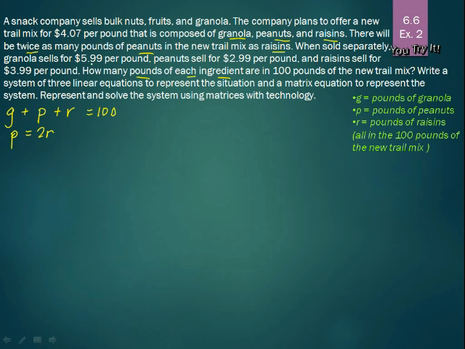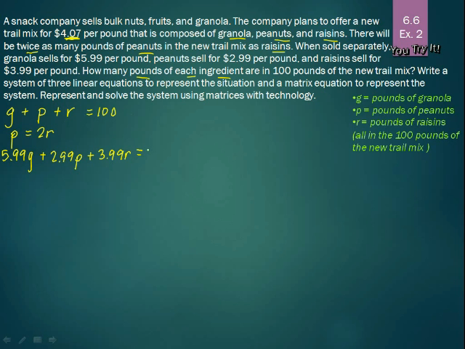And let's also look at how we could use this price for a third equation. We know the price per pound of each ingredient, and we know the total price once it's combined. So if it was $5.99 for every pound of granola, multiplying by each pound, and then $2.99 per the pounds of peanuts, and then $3.99 per the pounds of raisins, how does that relate to what it should be as a total for all of them?